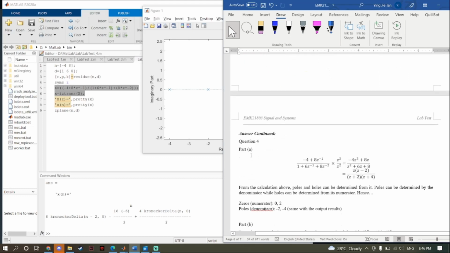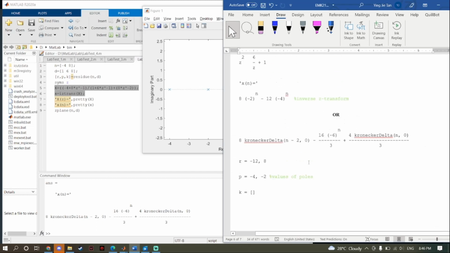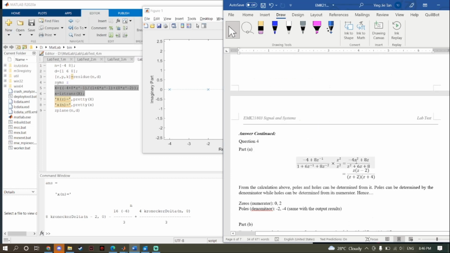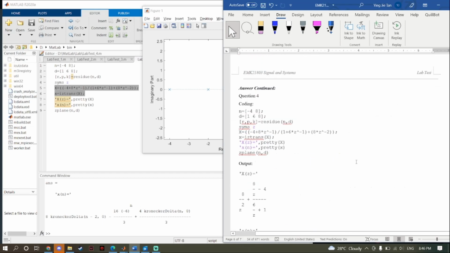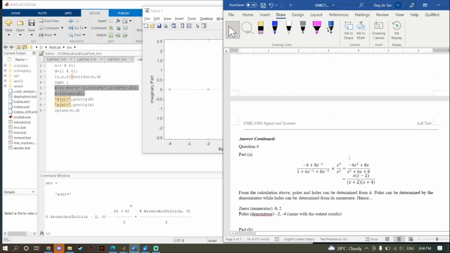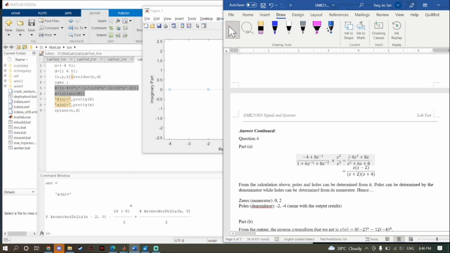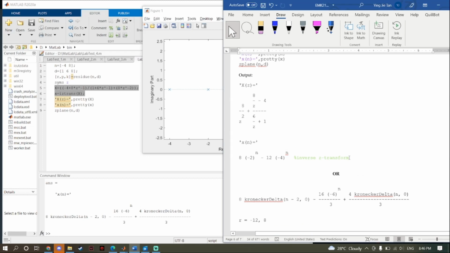Okay, for part A, we are asked to get the zeros and poles. So you can see from the output, we are given this one.